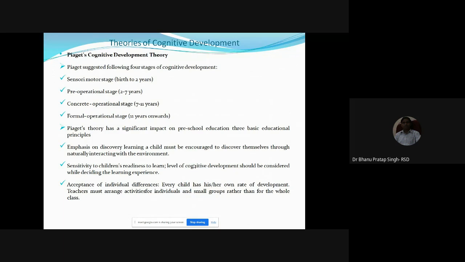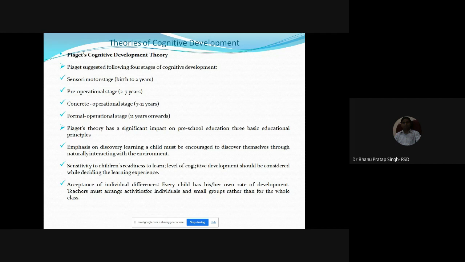And the third principle of Piaget's theory in education is acceptance of individual differences. Yes, every child has different capability, different ability, different quality.